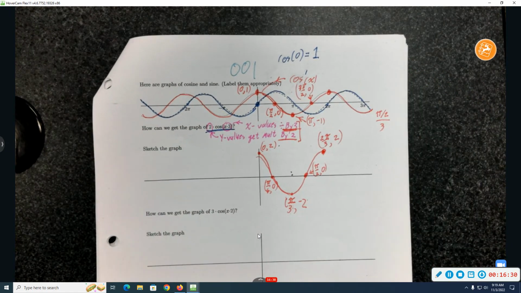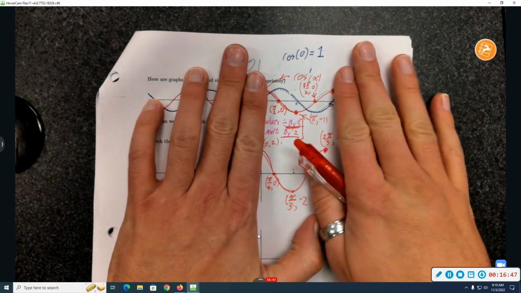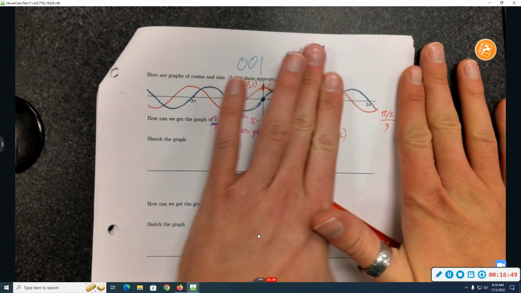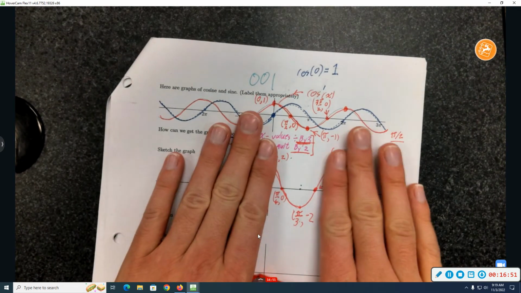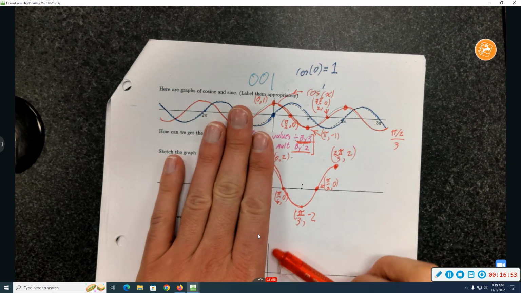So now that we have this much of the graph, how do you think the rest of the graph should look? The graph up here went from 0 to 2 pi and then it repeated. Same thing here. I'll see that chunk of the graph and then it will repeat.